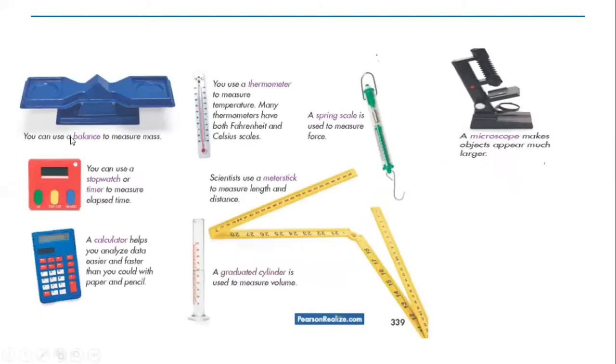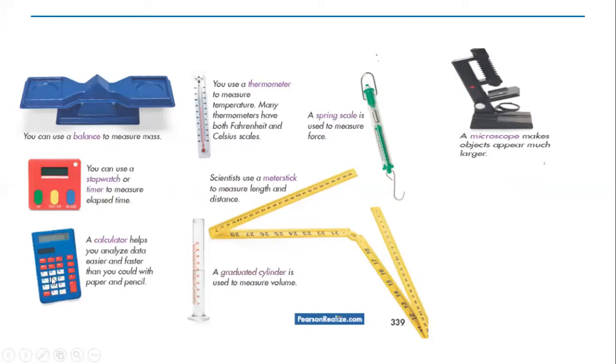Now, the balance. You can use a balance to measure mass. And this is a stopwatch. You can use a stopwatch or timer to measure elapsed time. This is a calculator. Using a calculator helps you analyze data easier and faster than you could with paper and pencil.